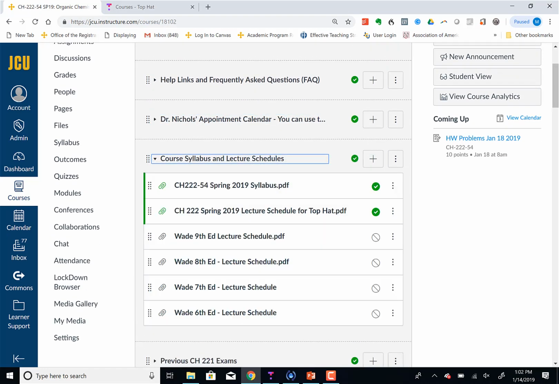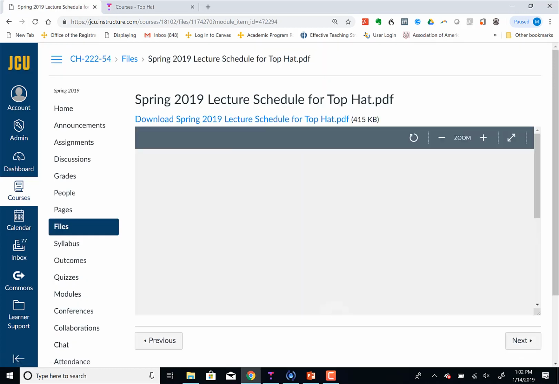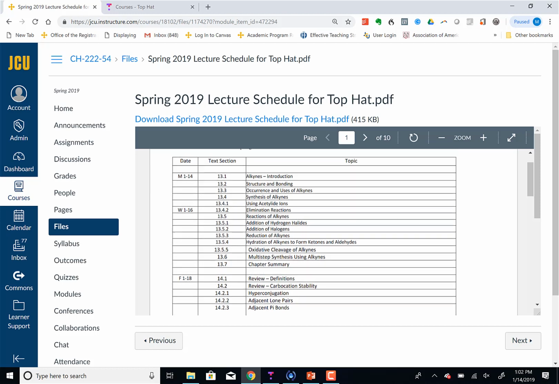The course syllabus and the lecture schedule. There's extra stuff on my screen that's not going to be on yours. Anything that doesn't have a green check mark is not on yours. So the important thing here is the syllabus, obviously, and then the lecture schedule. The lecture schedule as a whole is on here for every day.